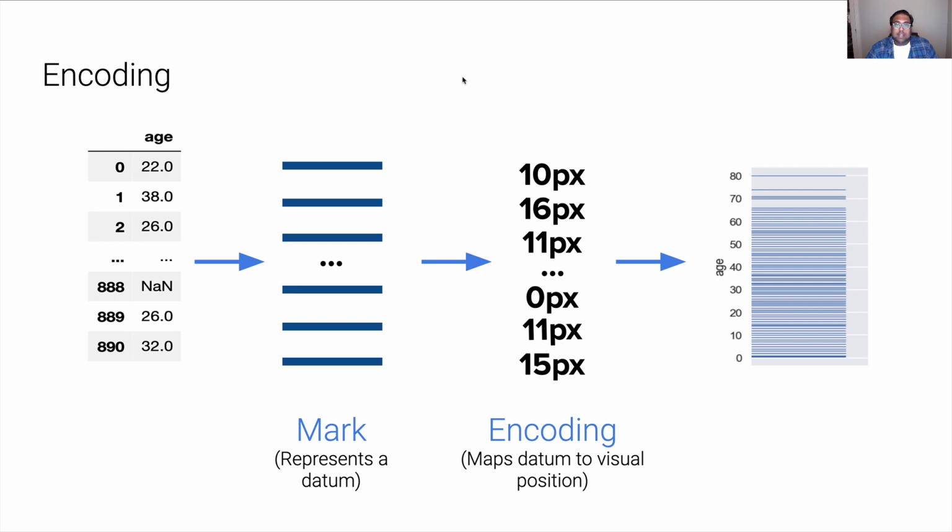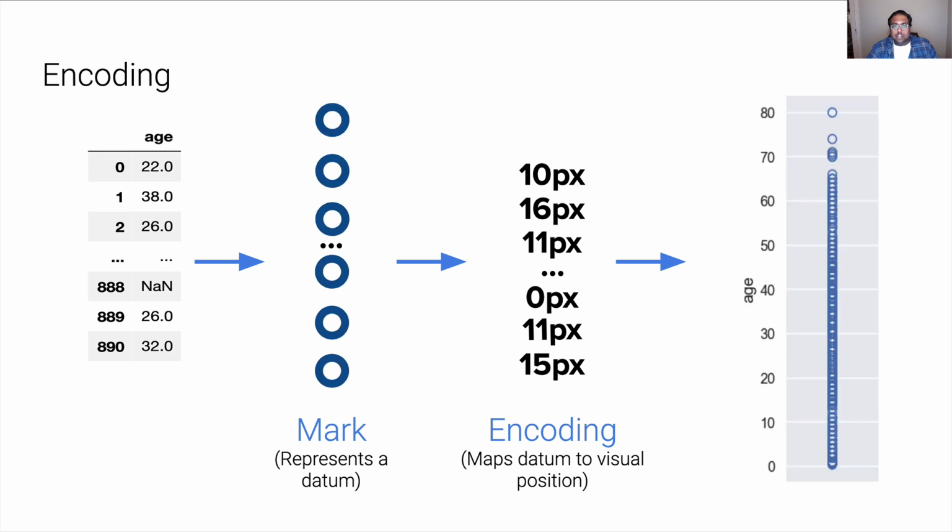What we then do is encode all of the quantities we want to visualize into some visual attribute. In this case, all of our markings look the same, they're just at different positions on the y-axis. And so our encodings are positions on the y-axis. So we're going from these numbers to these positions on the y-axis, and putting those two steps together gives us our rug plot on the right.